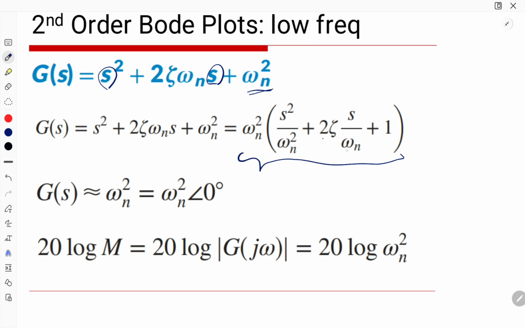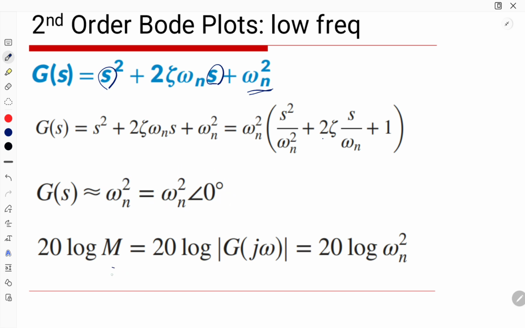Does it look familiar? Maybe not yet. So let's just deal with the low frequency first. At low frequency, from the generalized form, you are left with omega n squared, the magnitude, and the phase is 0.